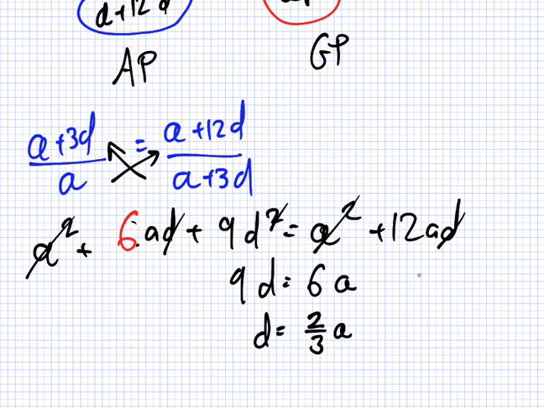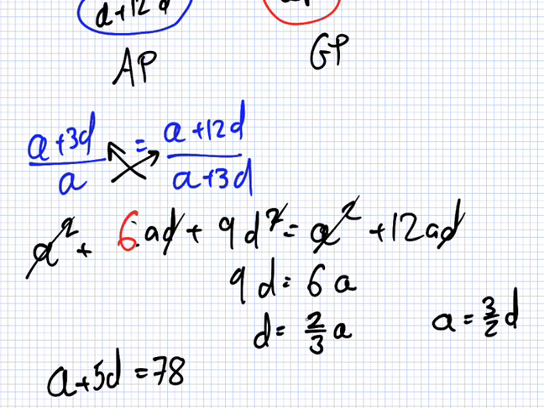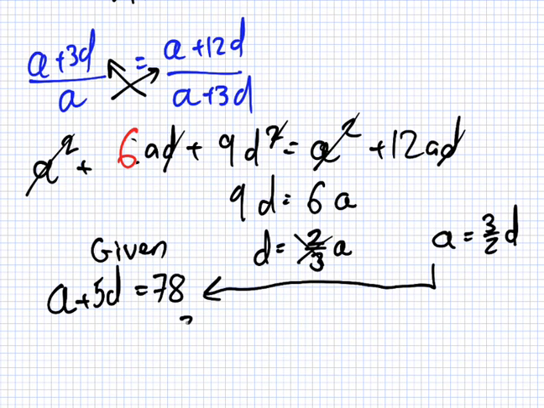We're also told that the 6th term is 78. So we're also told that A plus 5D equals 78. I will rewrite this as A equals 3 over 2 D instead, and put that one in. And this one is given to us. So we get 3 over 2 D plus 5D equals 78.